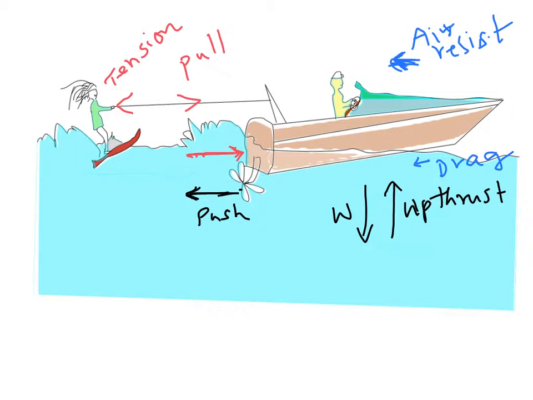The forward force is much bigger than the drag and the air resistance put together. We'll put some numbers to this, but for now, the direction and the names of the forces, and the understanding that forces come in pairs. As you can see, if you push the water backward, the water is going to push the boat forward, and realizing these things is really important to understand the resultant forces.